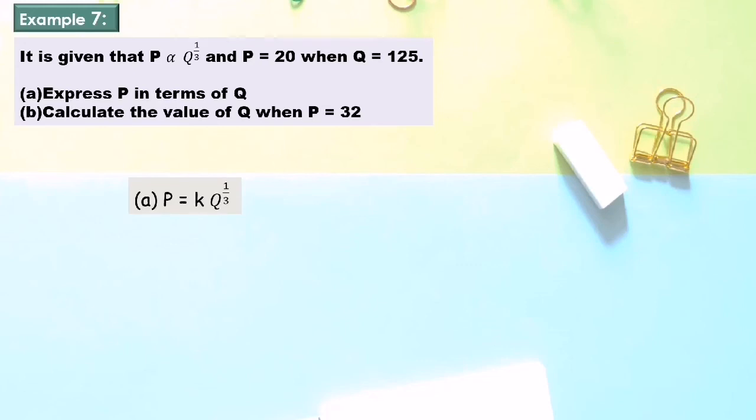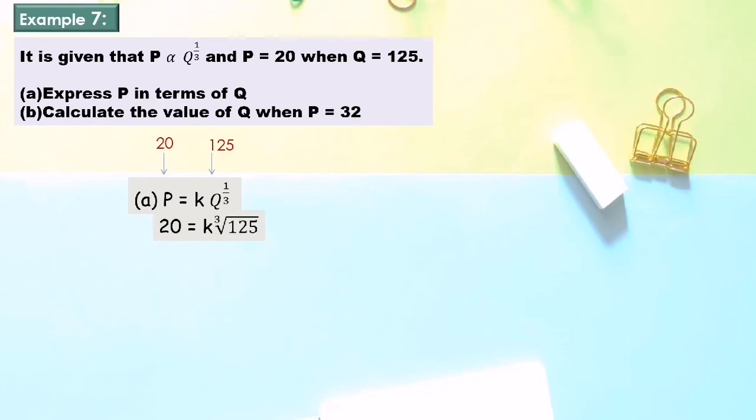You write P equals to k Q to the power of 1 over 3. To find the value of k, we have to substitute the value of P and the value of Q into the equation. P equals to 20 and Q equals to 125.